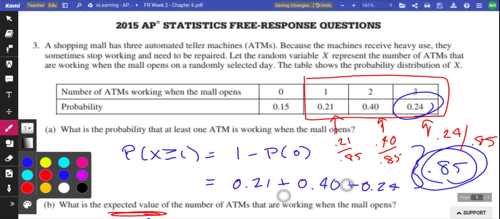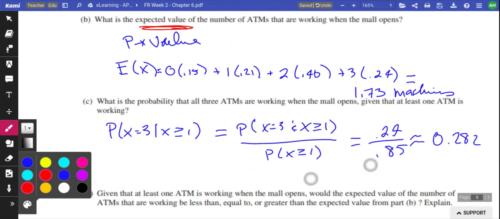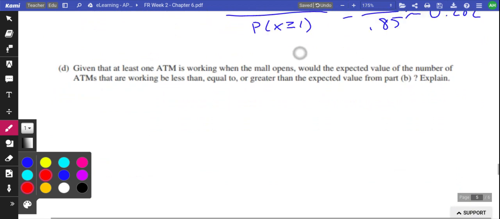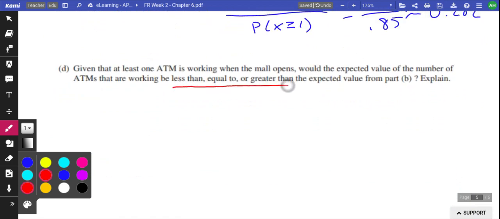Now, in terms of what the question is asking, you don't necessarily have to demonstrate what the number is, because notice it is saying less than, equal to, or greater than expected.